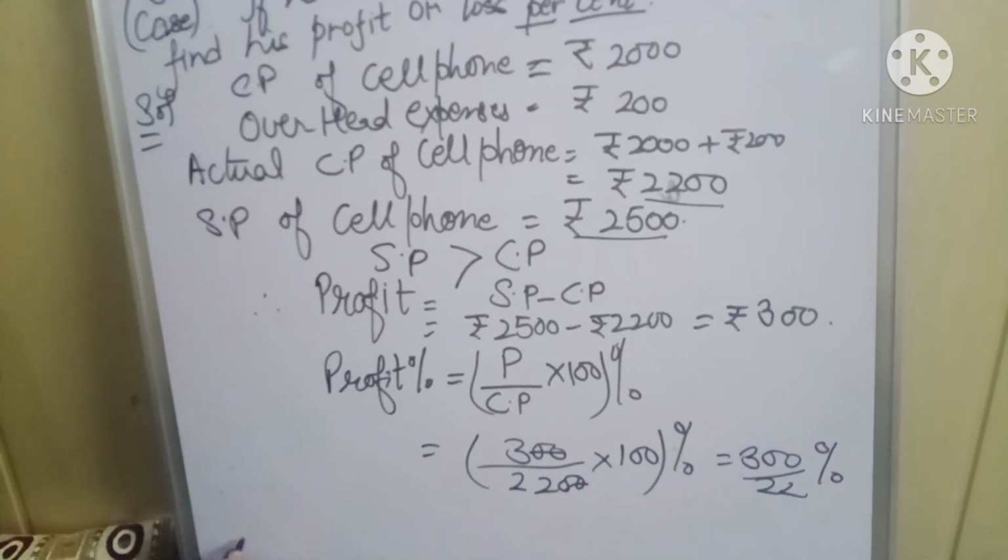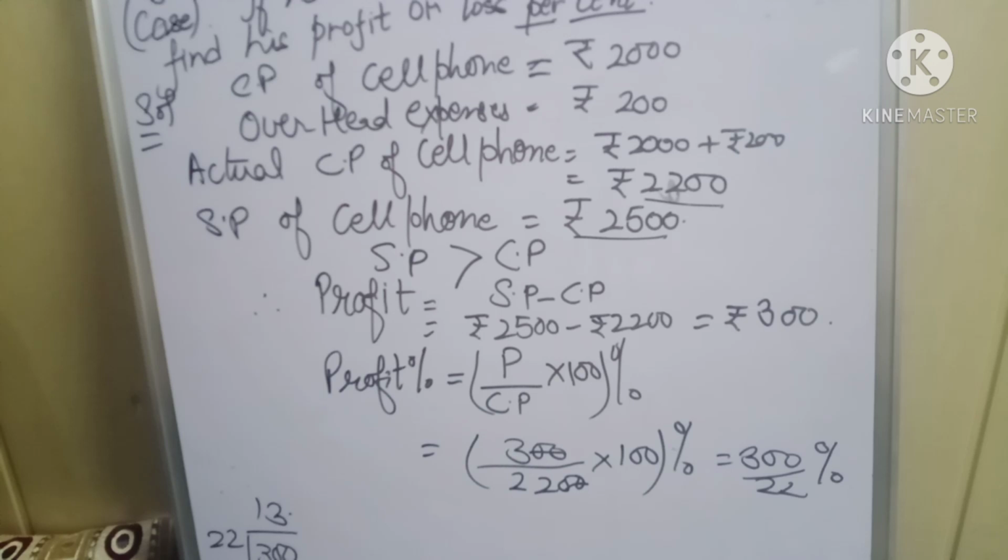After that, in rough work, you do the division. 22 ones are 22. Here remains 8. Bring down 0. Multiply 22 by 5, 10, 1, 11.